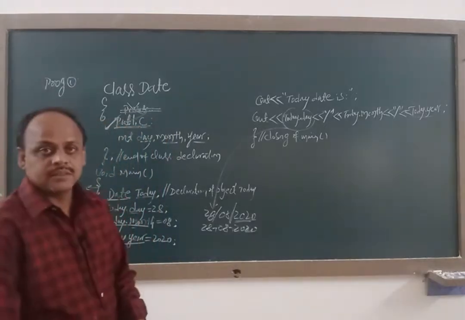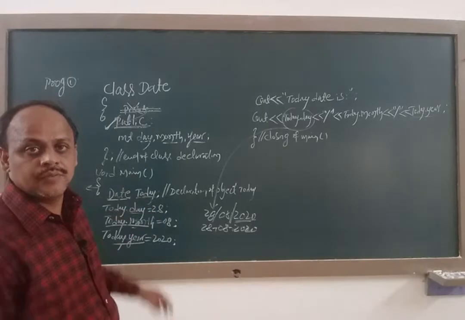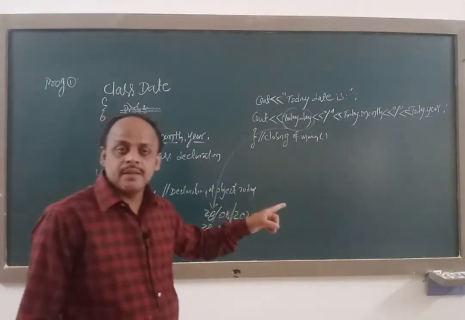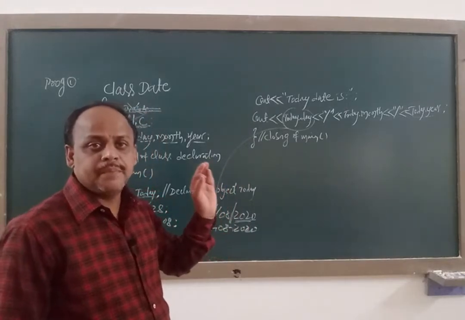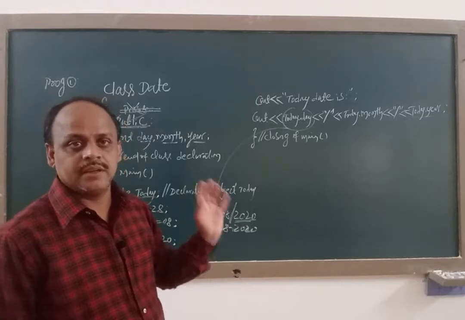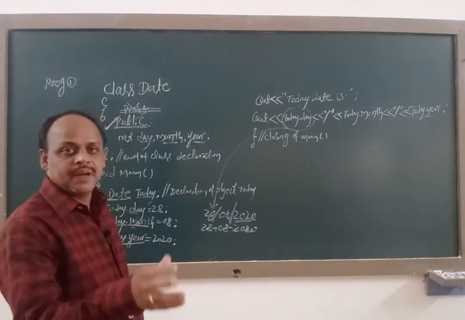Just a minute, I forgot how this execution flows. We know from first year that every program execution starts from the main function, right? So when we press Alt C, compilation is done.